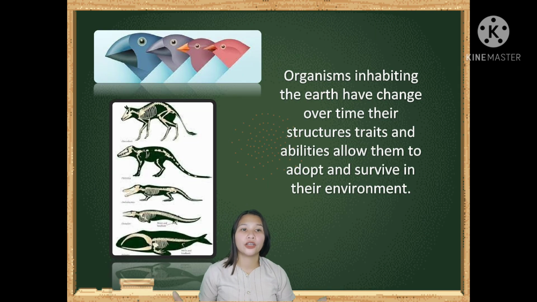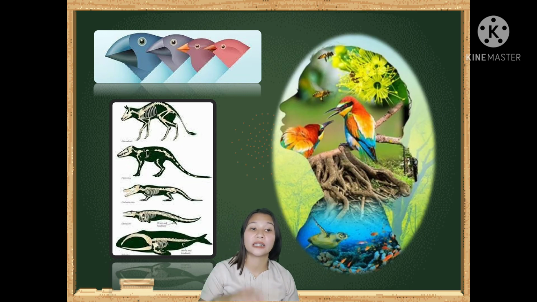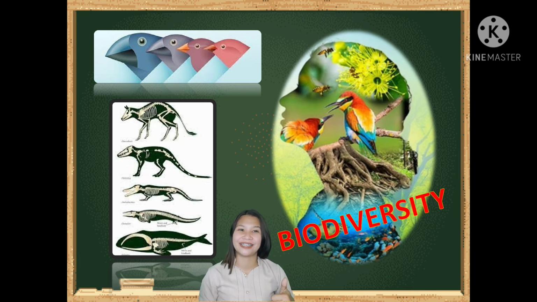Organisms inhabiting the earth have changed over time. Their structure, traits, and abilities allow them to adapt and survive in their environment. Always remember that evolution through natural selection can result in biodiversity. And that is our next lesson, biodiversity.